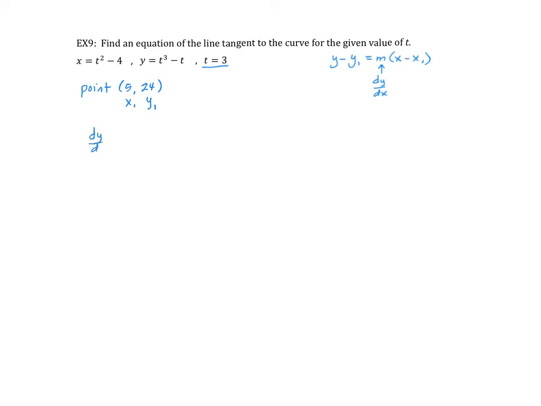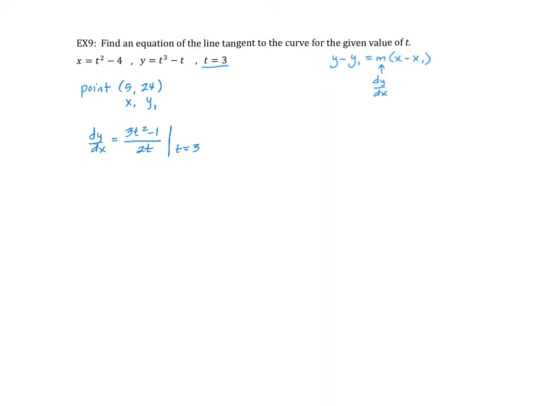So my dy/dx is going to be the derivative with respect to t of our y equation, which is 3t squared minus 1, over the derivative with respect to t of my x equation, which is 2t. And I'm supposed to evaluate the derivative when t is equal to 3.